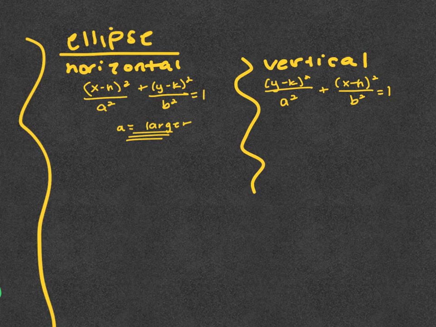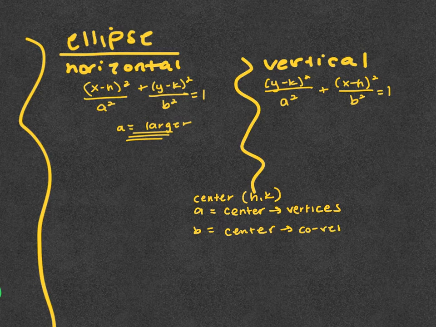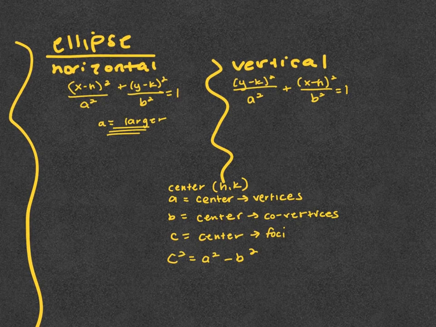So A is the distance from, well, let me do the center. Center is h, k. A is the distance from center to vertices. B, center to co-vertices. C, center to foci. C squared equals A squared minus B squared for an ellipse. If it's horizontal, it's wider than it is tall.